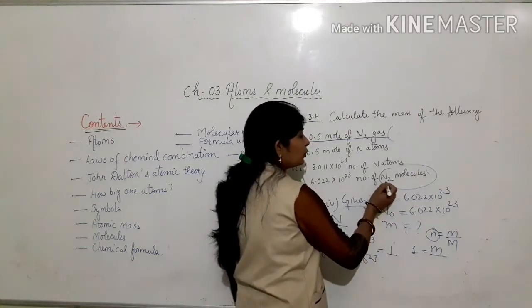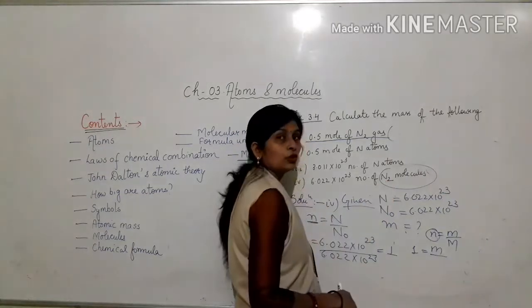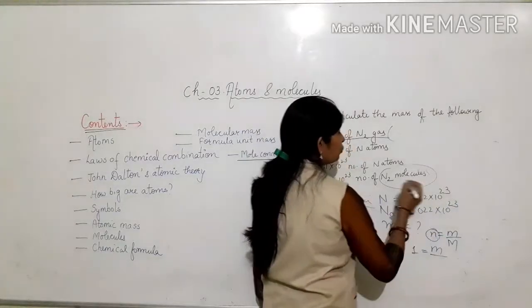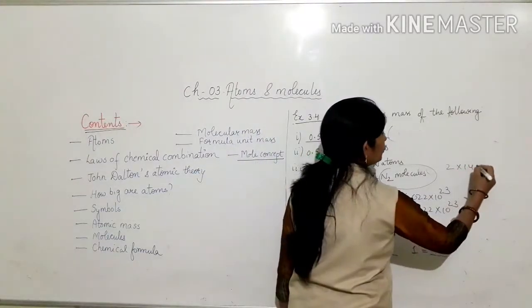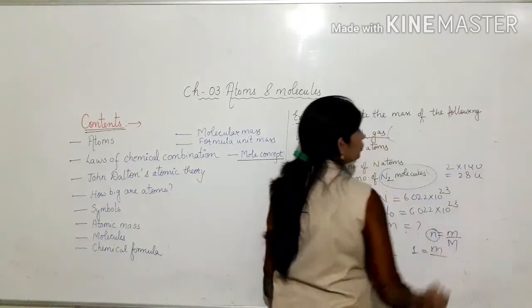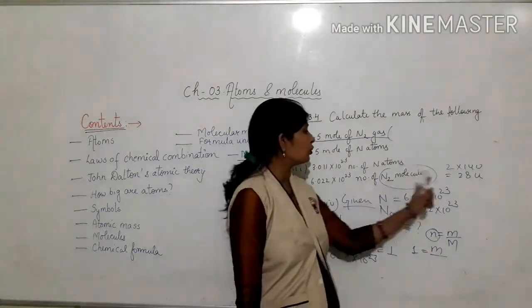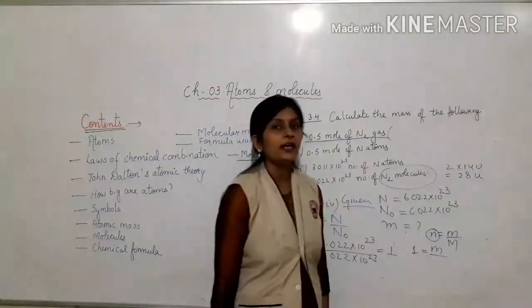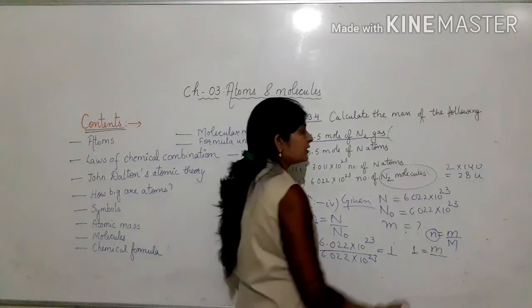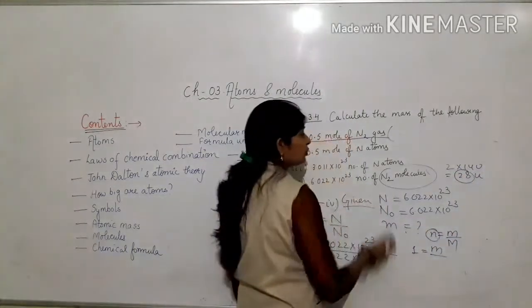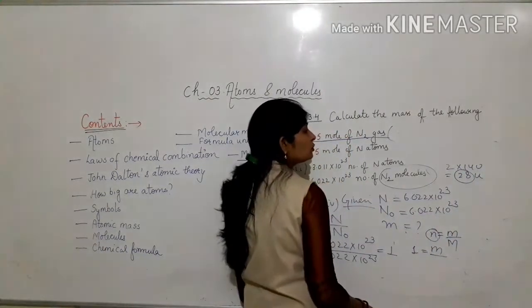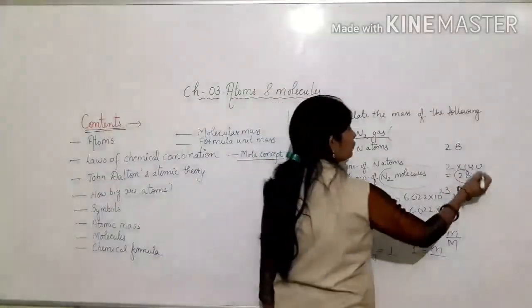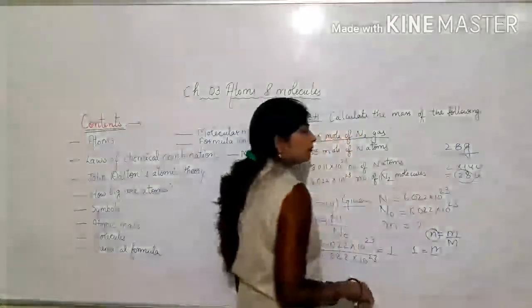See, nitrogen molecule N2 has 2 nitrogen atoms. One is having 14U mass, then 2 will have 2 into 14U, means 28U mass. So what is the molecular mass of nitrogen molecule N2? 28U. So it has numerical value 28. So its molar mass will also have same numerical value 28, but in place of U we will write unit G.